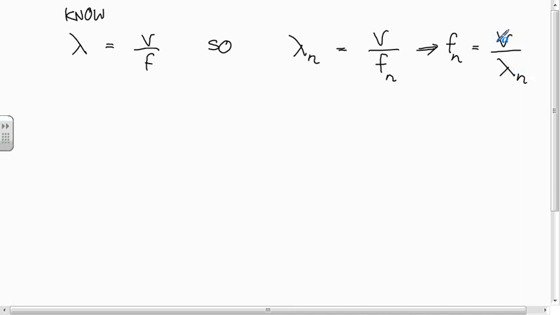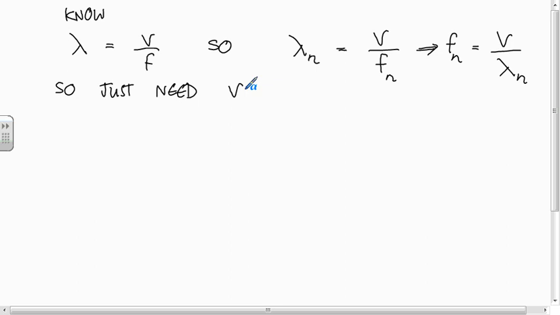The last thing we have to do is figure out the wave speed along the string. How can we figure that out?